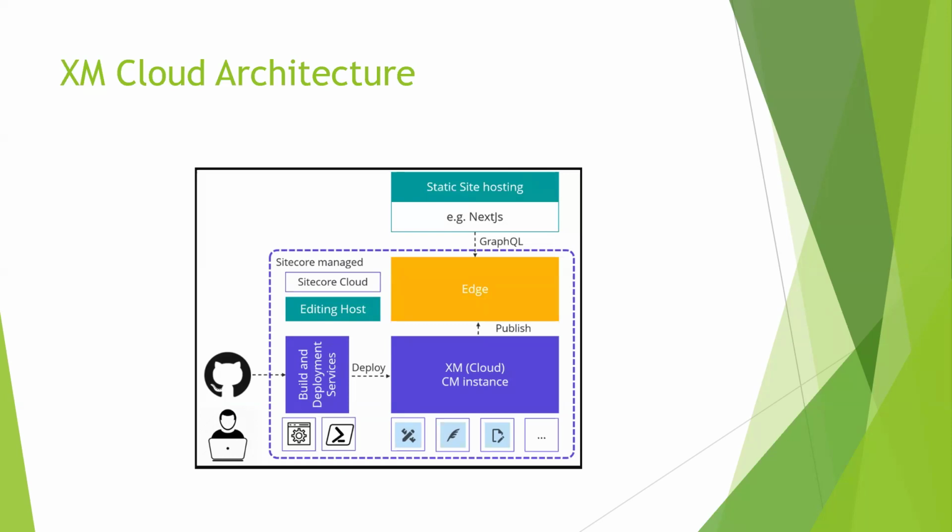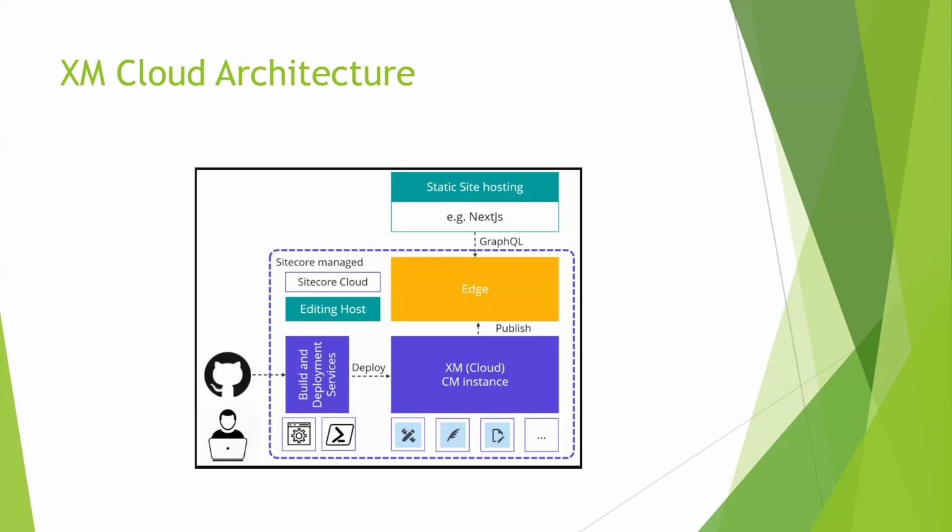XM Cloud doesn't have a CD server at all. Instead, we have Experience Edge here. The ready-to-serve content is published to Experience Edge, so the content will be there in the Edge. Once all the content is in the Edge, how should the content be given to the web?